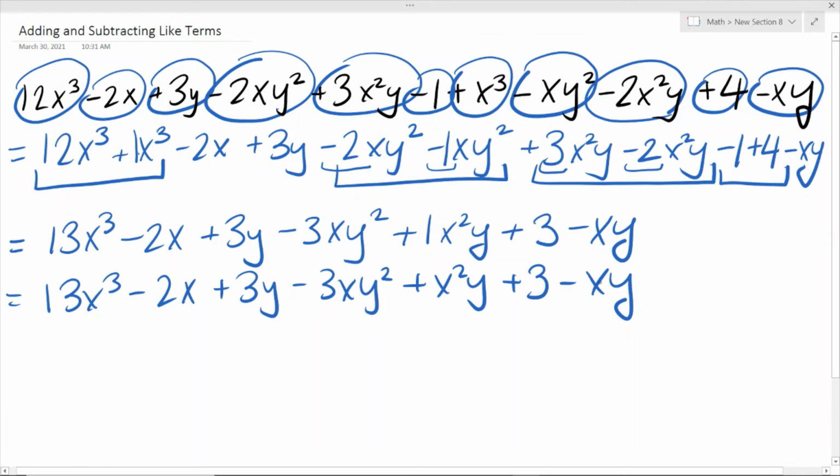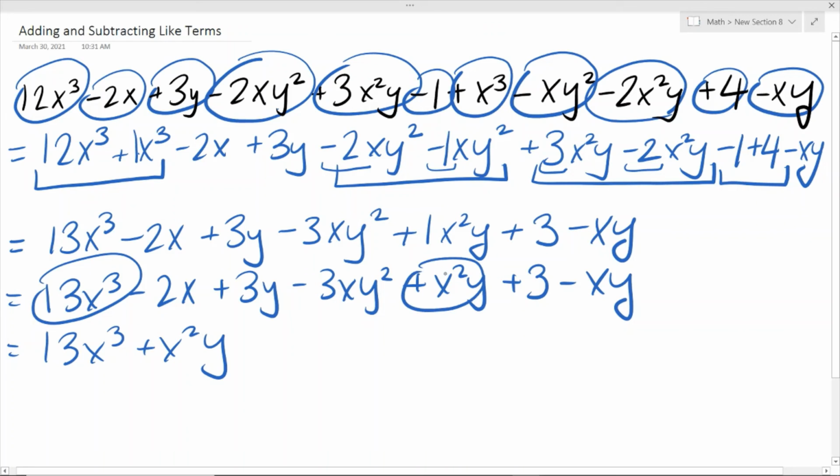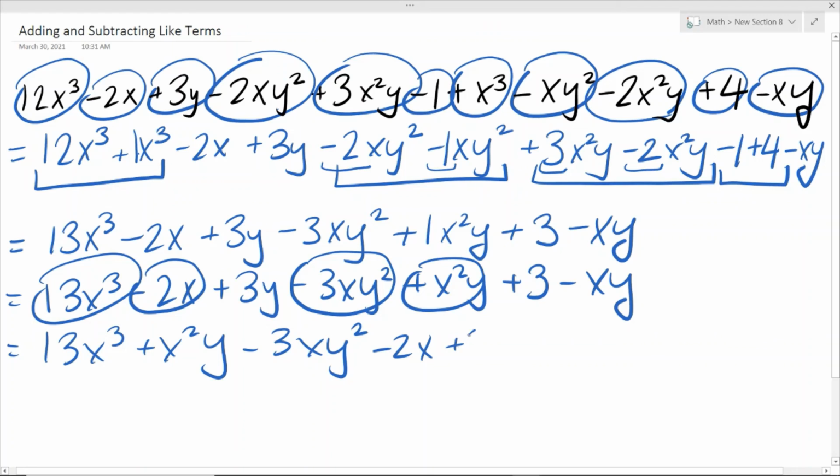Okay, and normally we write the greater powers at the front, so let's do that. So I'm going to write this, and I'm going to write this. Doesn't really matter, but it looks better. And the constant usually goes at the end. Then this. So greater powers at the front.